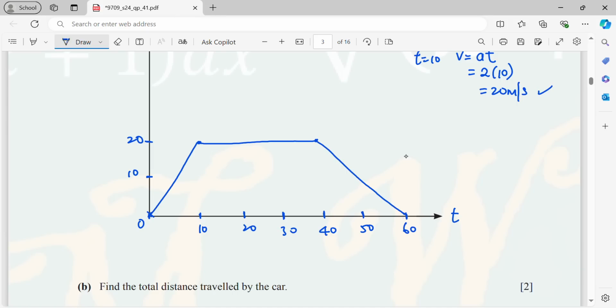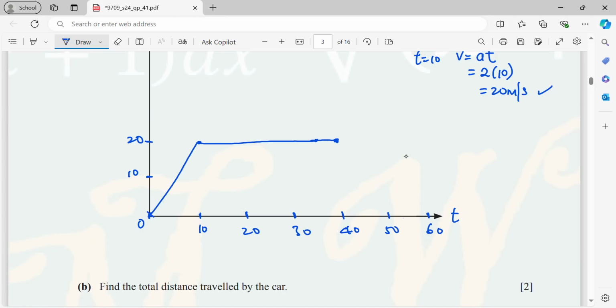Alright, my axis is not very accurate, so I will adjust it a little bit here: 20, 30, 40, 50, and 60. So 30 seconds from 10 means that it stops at 40.